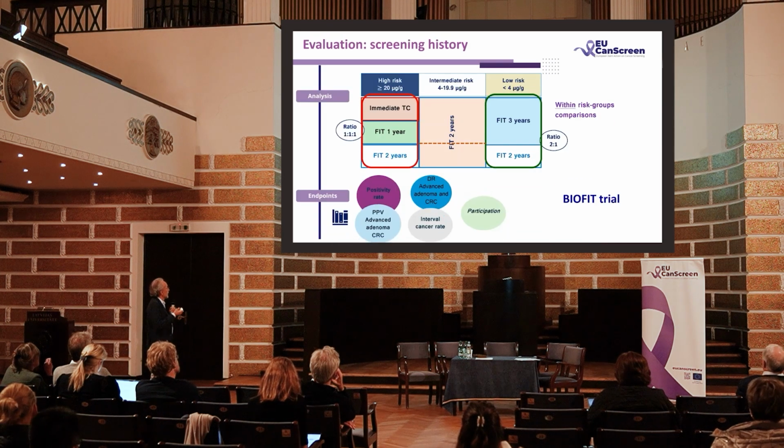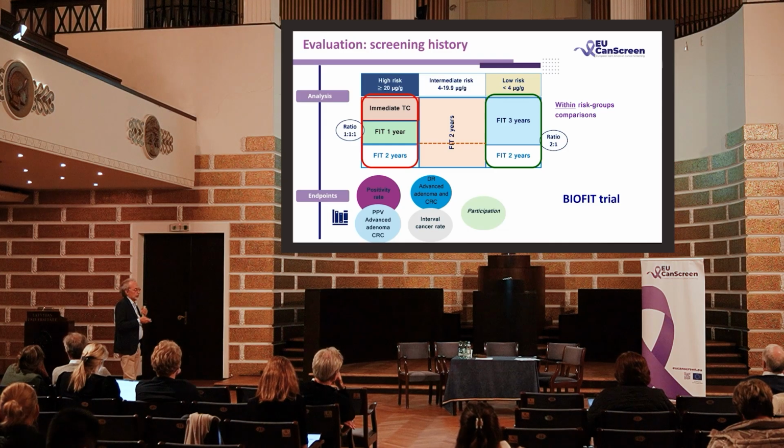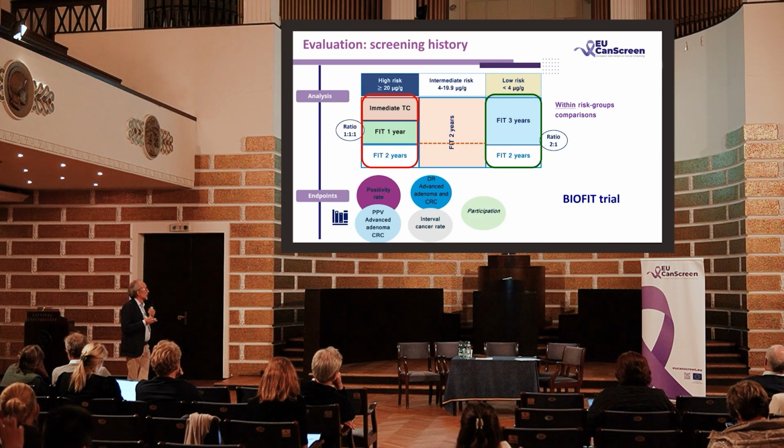In Italy, we are running another trial where people in the high-risk group are randomized to 3 arms: immediate colonoscopy, shorter-term FIT every 1 year compared to the standard 2-year FIT, and a different test for those at high risk. And for those at lower risk, we are extending the interval to 3 years.